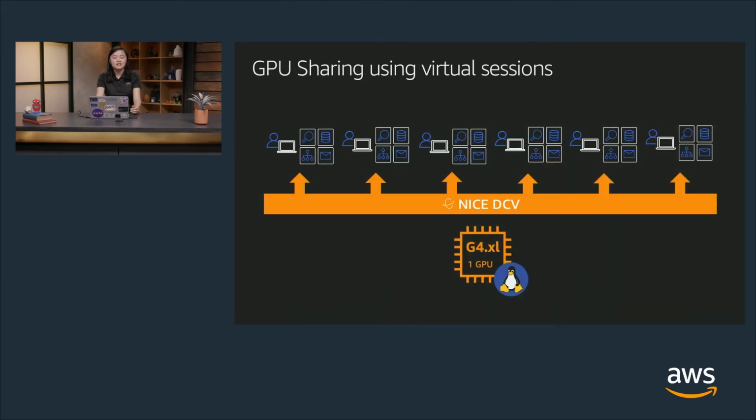GPU sharing is another key feature of NICE DCV. Let me give you an example to illustrate. Let's say I am an IT admin supporting a team of engineers running engineering simulations on AWS. When a simulation job is complete, they can then use a machine with DCV installed to visualize the result of their 3D models.